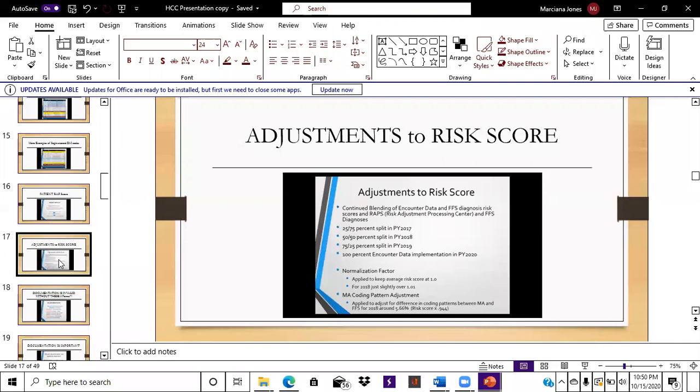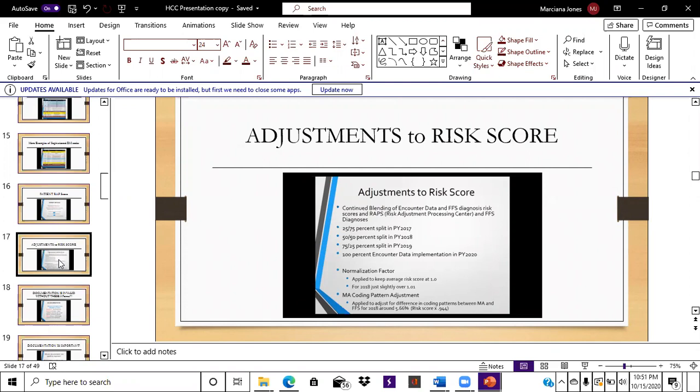So the normalization factors are applied to keep the average risk score at 1.0. For 2018, it was slightly over 1.0 at 1.01. Then there's an MA coding pattern adjustment applied to adjust for the difference in coding patterns. MA plans, or Medicare Advantage plans, depend on coding.